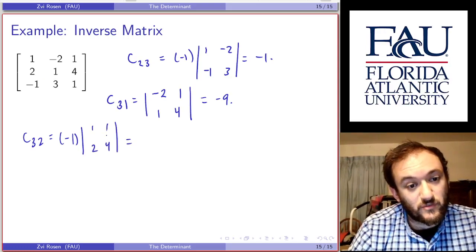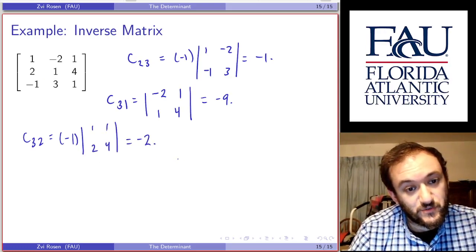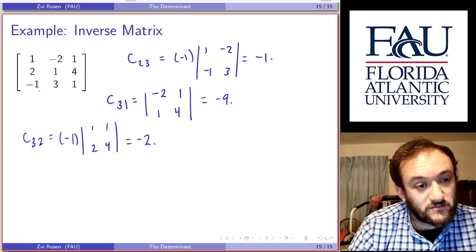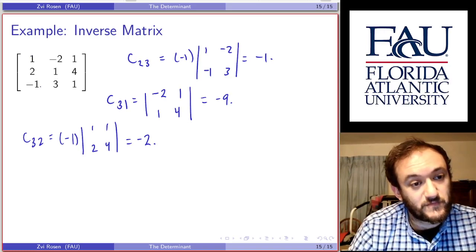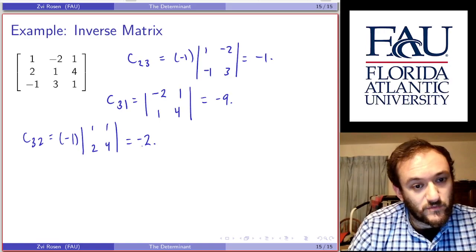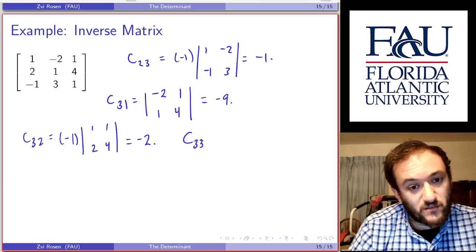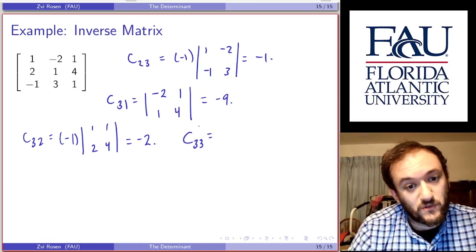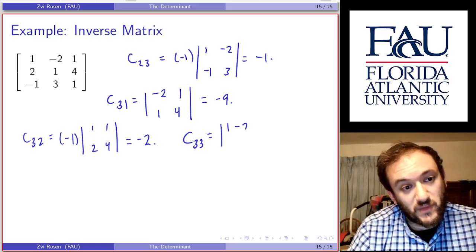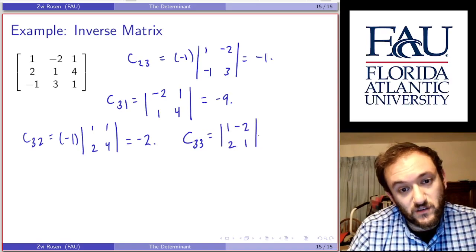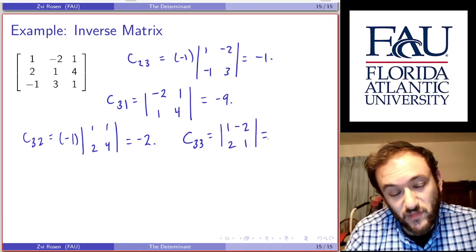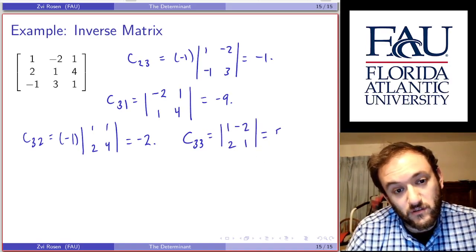And that's 4 minus 2, or 2, and so this is -2. And we're just left with C33, which is equal to 1, -2, 2, 1, just 1 minus -4, or 5.